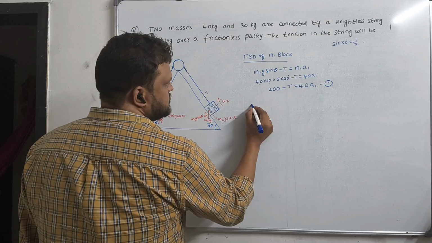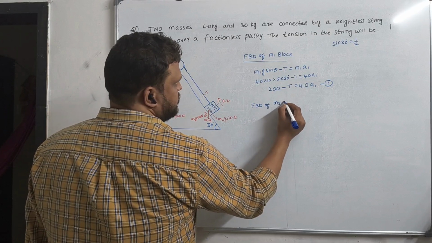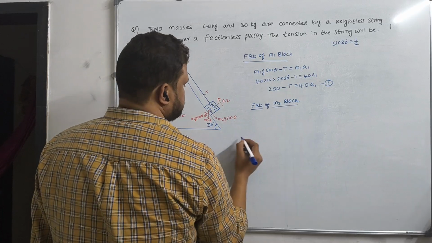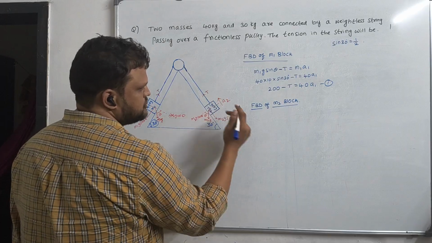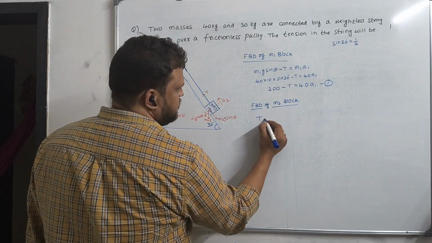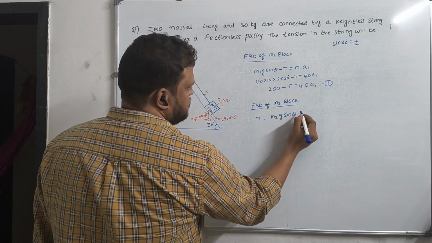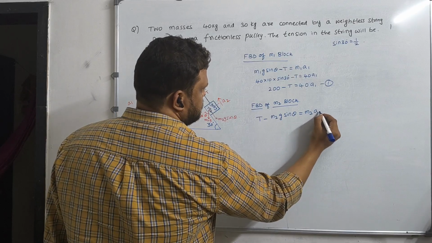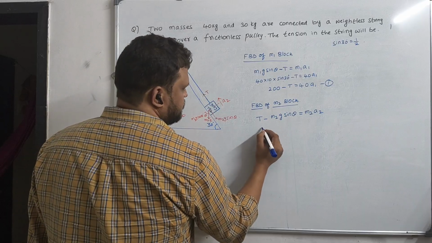Next, I will take the FBD of the M2 block. Here M2G sin theta is downwards, T is upwards, and acceleration is also upwards. So we have to take T minus M2G sin theta equals M2 times A. Now T is what we don't know.